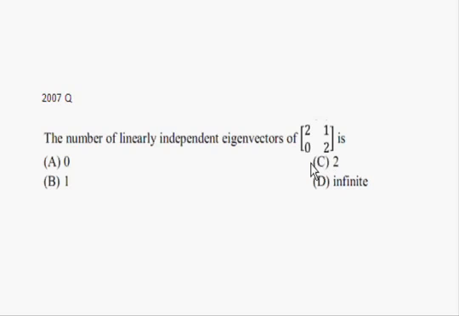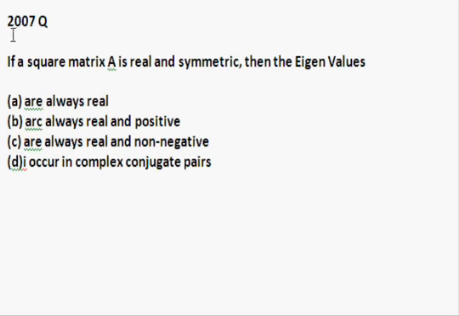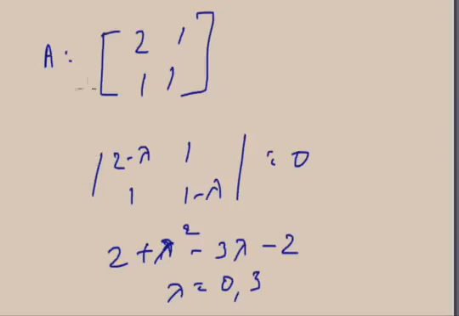This is another example question of 2007. If a square matrix A is real and symmetric, then the eigenvalues are always real positive. What is this? You can check this formula by taking one example matrix. Here is the example. A is a matrix.